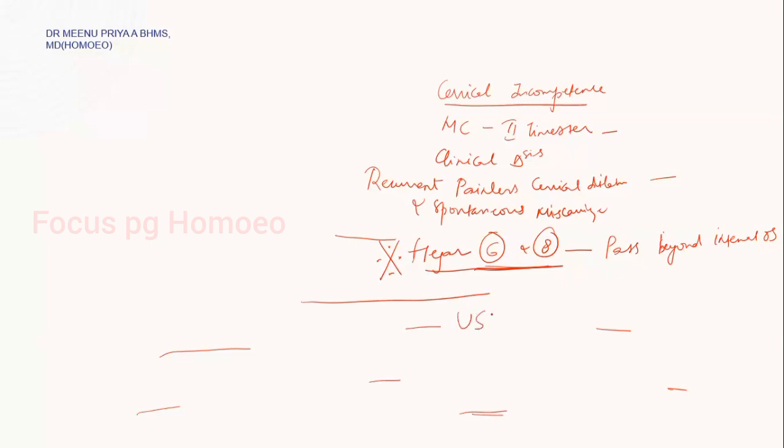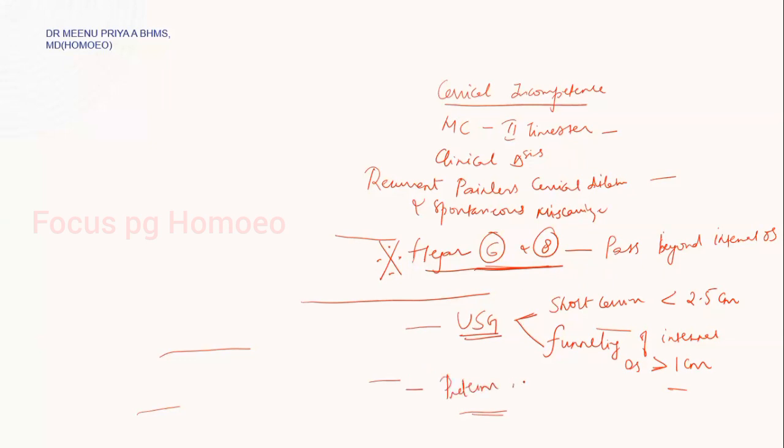On USG, which is done to see, it shows a short cervix, with length less than 2.5 centimeter. One more finding is very important: funneling of the internal os, more than 1 centimeter. You should remember these 2 findings seen in cervical incompetence, and it complicates to preterm labor, not pre-labor, it is preterm labor.